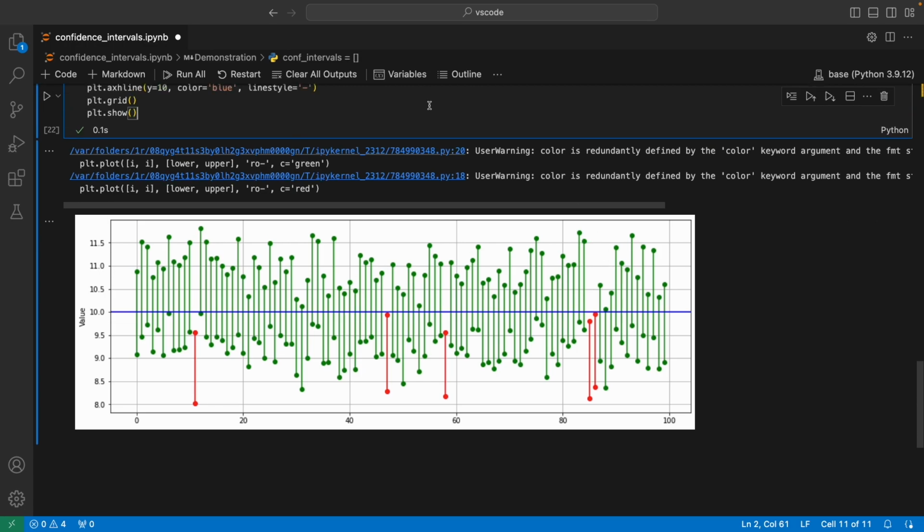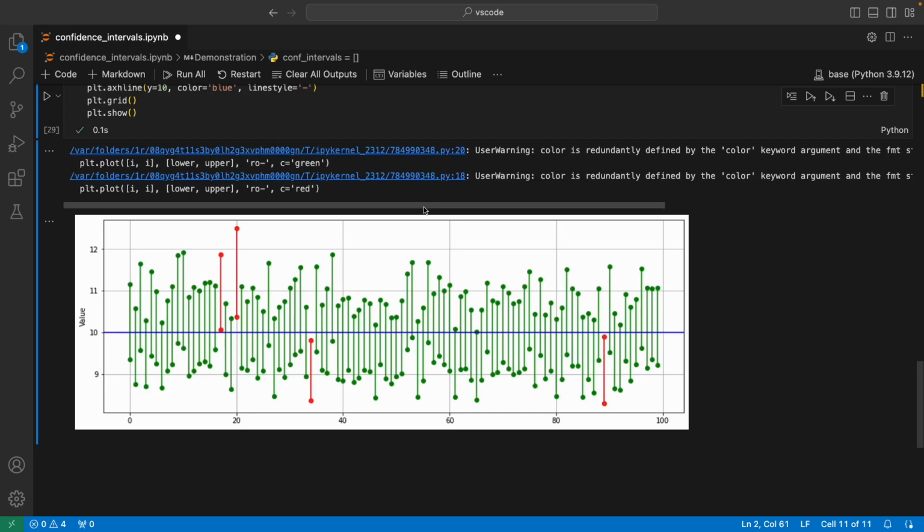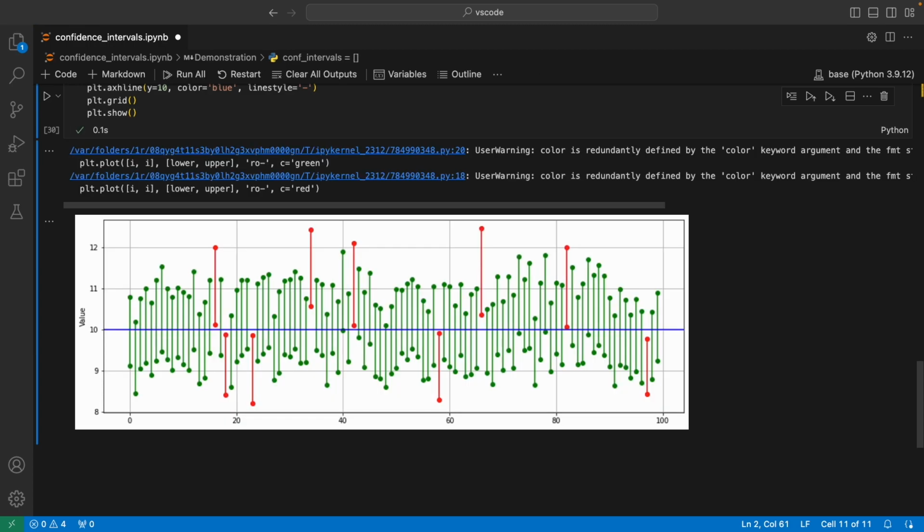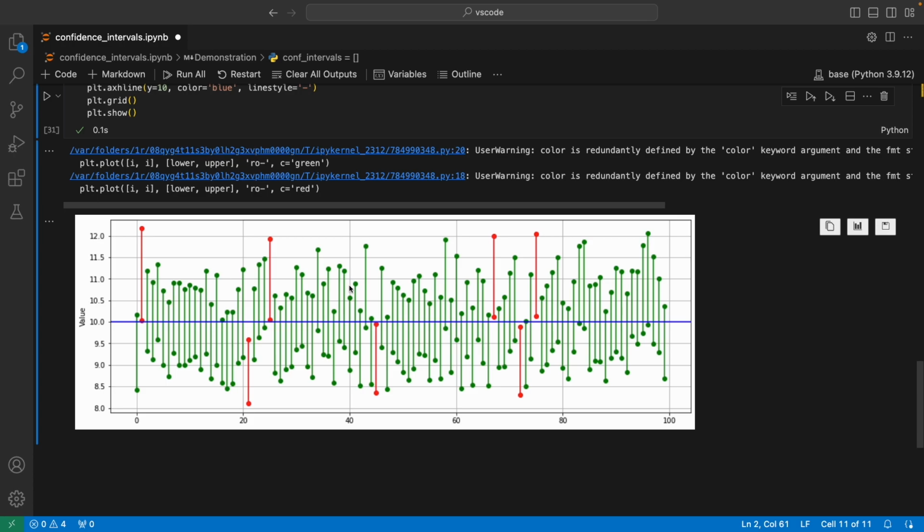Now obviously from one simulation to the next, this will change. In this case, it'll cover 97, 3 will miss, and if you keep going, you'll just get varying results. But the idea is, on average, we would expect 95% of the intervals to contain the population parameter that we are interested in.